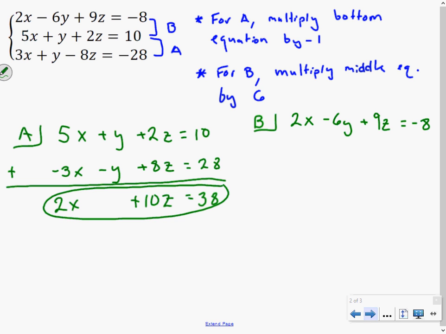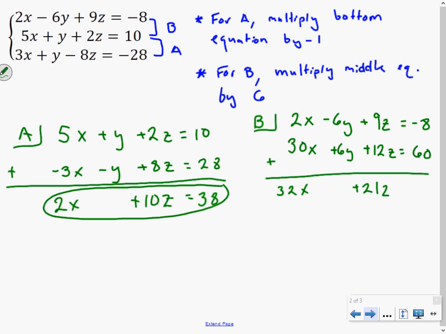So we get 30x plus 6y plus 12z equals 60. And now we can add these equations together to cancel out the y's. So we get 32x, the y's cancel, plus 21z equal to 52.